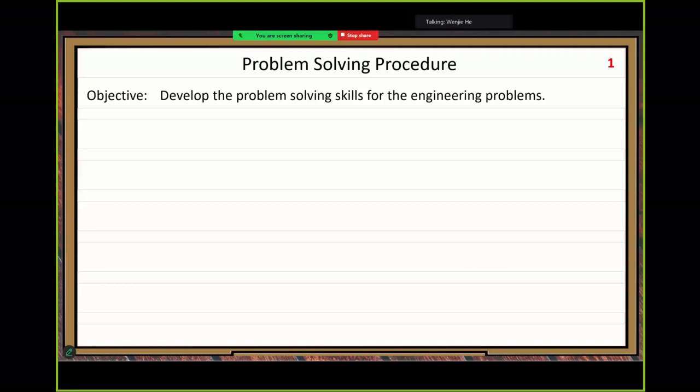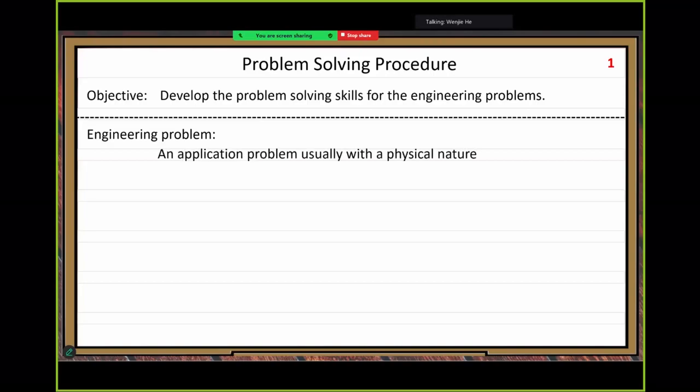That's the main focus of this class. We will focus on the understanding, the analysis, the thinking, a lot of things. There are many special strategies. When we do problem solving, we need to apply a lot of strategies, so all those things we need to learn in this class.